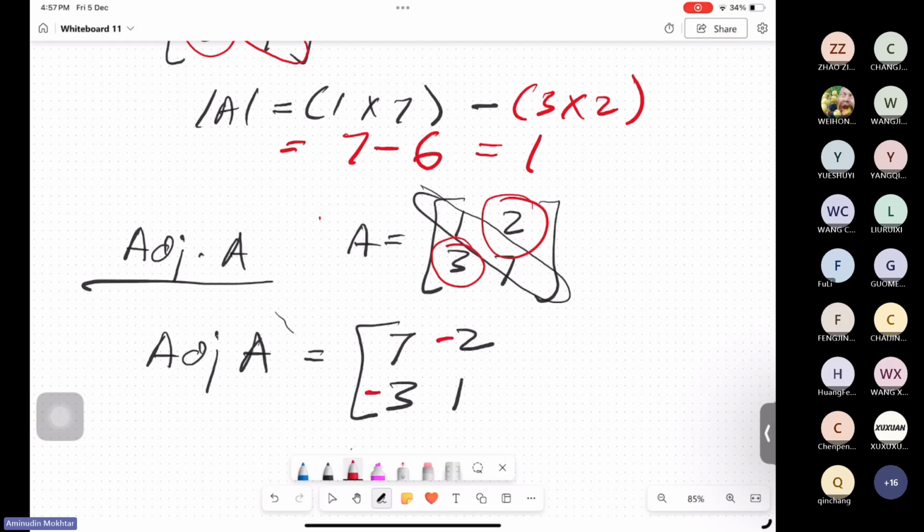That's all. That's the adjoint of A. I think it's quite easy to remember. That's all about the adjoint.